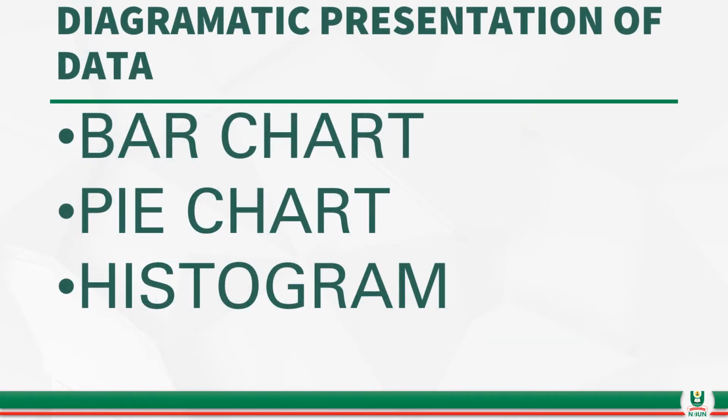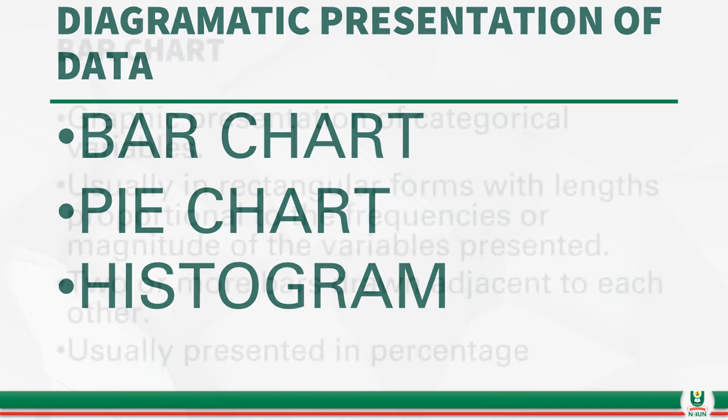So, diagrammatic presentation of data. Well, we'll start with this. Even though we're going to go into measures of central tendency, let's round up with diagrammatic presentation of data. The forms of diagrammatic presentation of data are bar chart, pie chart, and histogram.